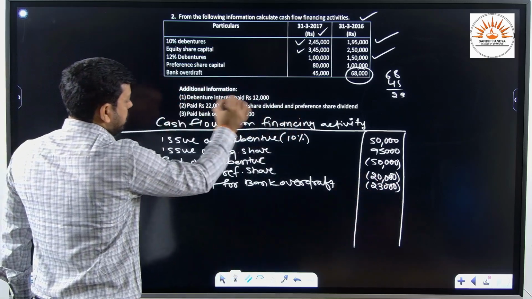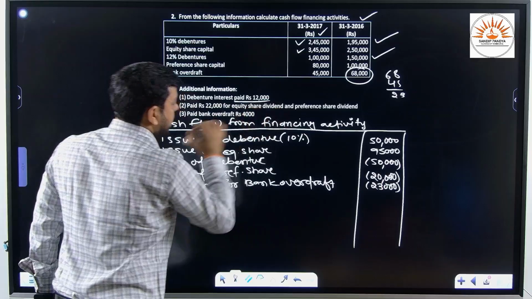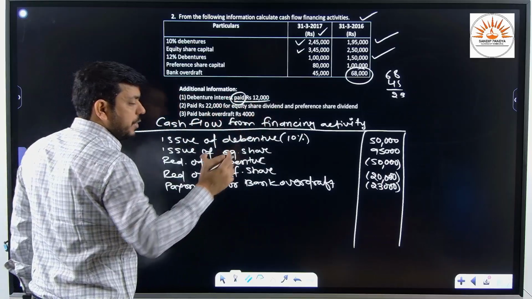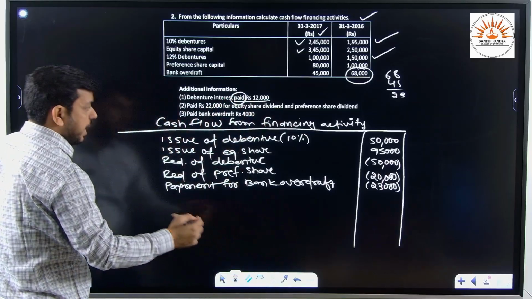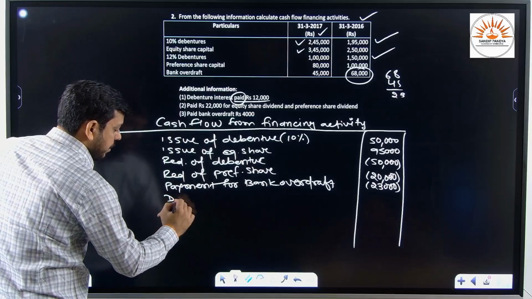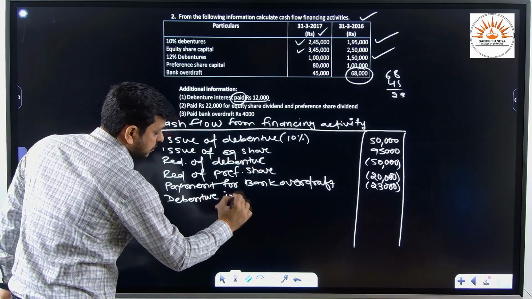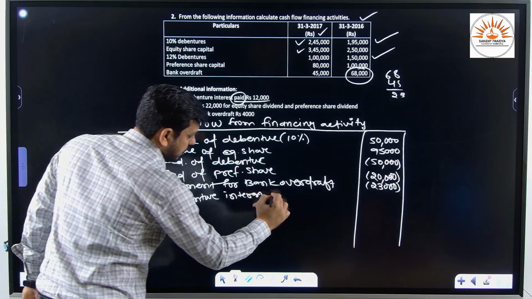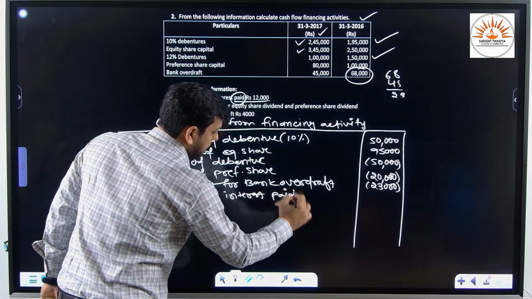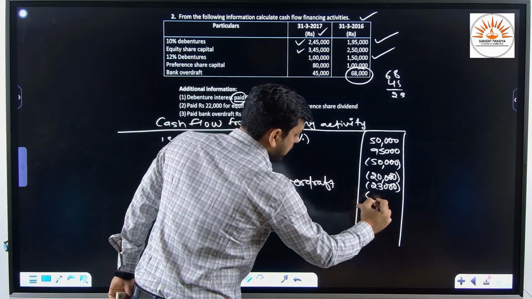Next, the additional information given: debenture interest paid. See, they have used the word paid, which means cash goes out, that is cash outflow. So we shall write debenture interest paid, that is 12,000.